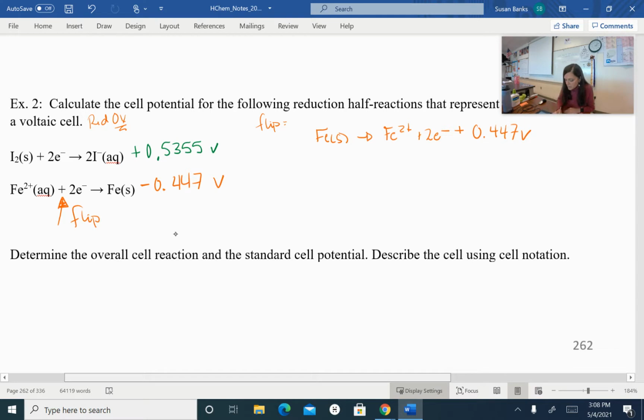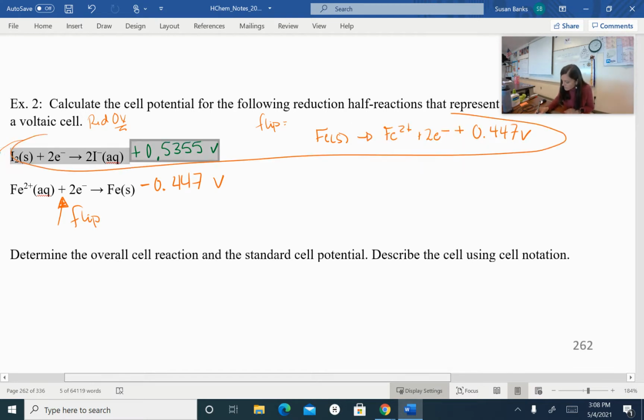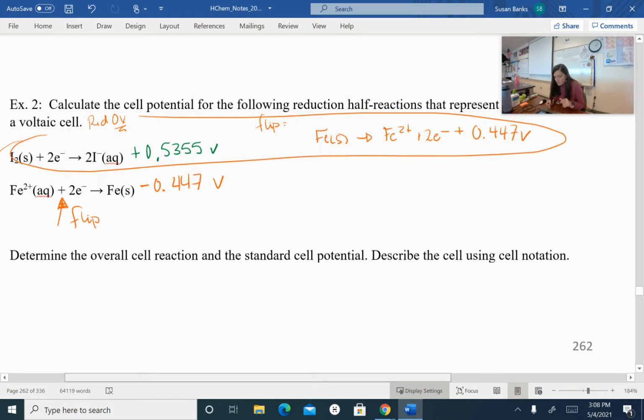Okay, so if I put these two together, I have a reduction and I have an oxidation. So I have a redox. I have a reduction and I have an oxidation, which is what I need. Okay. Now, do we have the same amount of electrons coming back and forth? Yes, we do.